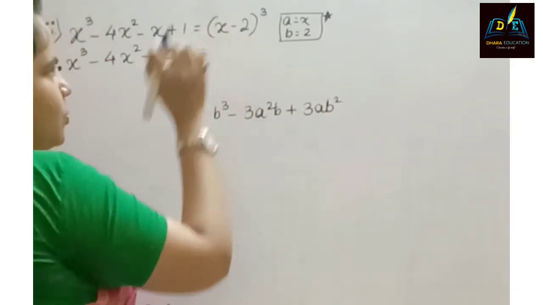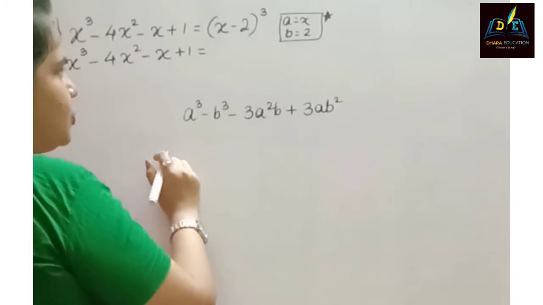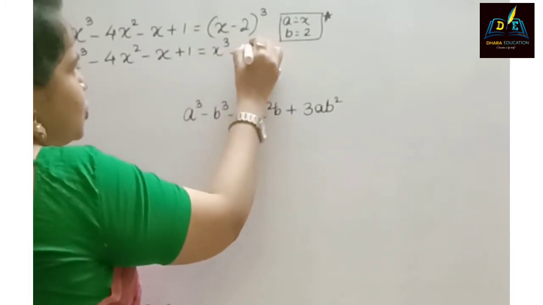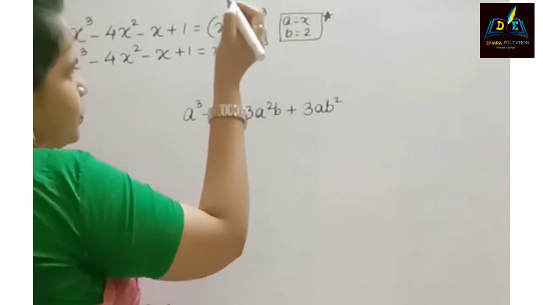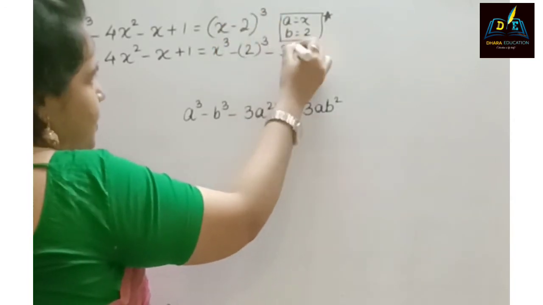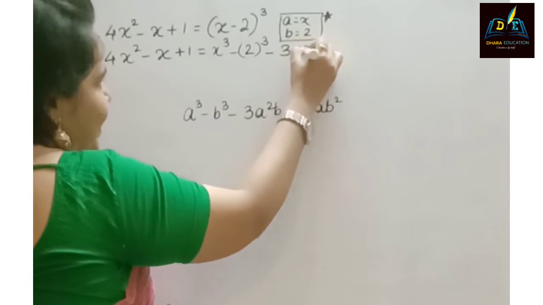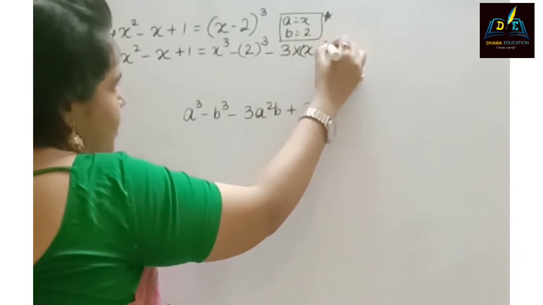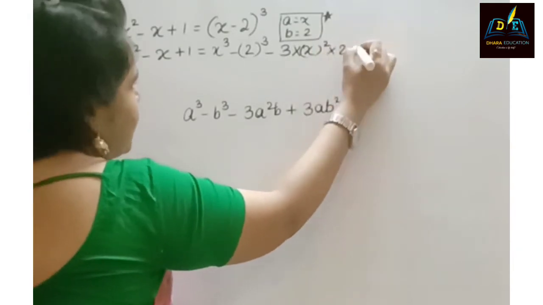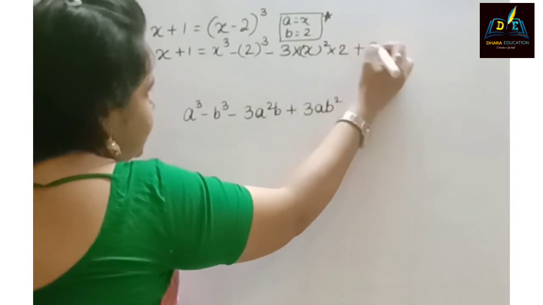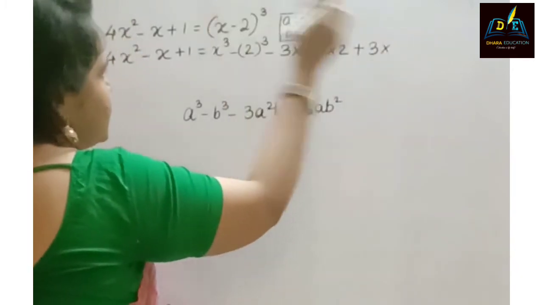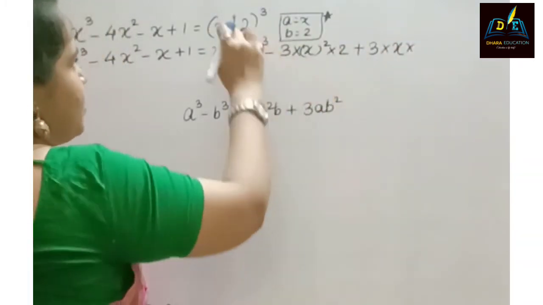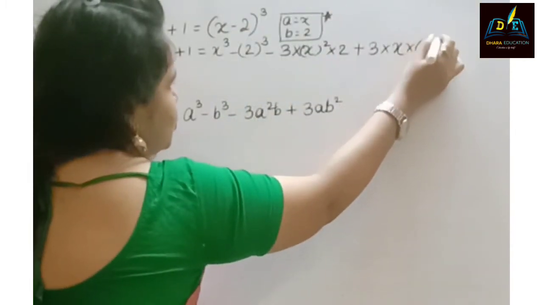By putting this formula over here, we get x cube minus 2 cube minus 3 multiplied by x multiplied by the whole cube, the whole square multiplied by 2 plus 3 multiplied by a is x and again our b square means 2 the whole square.